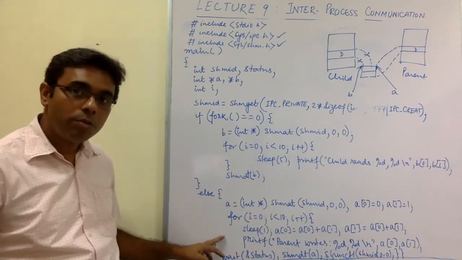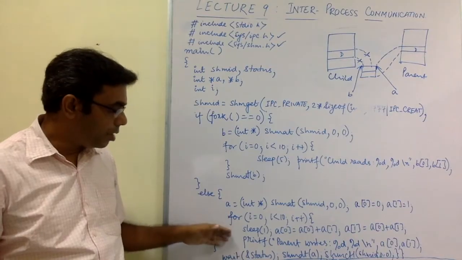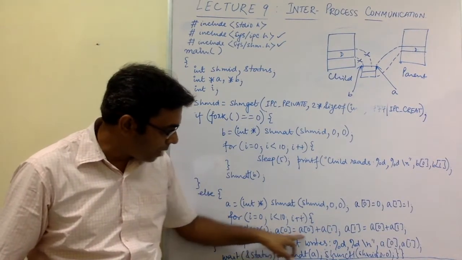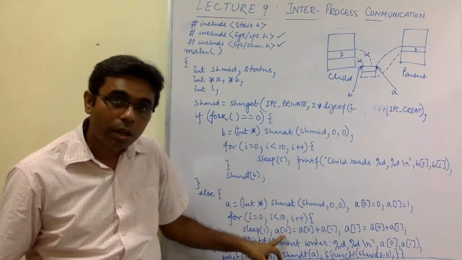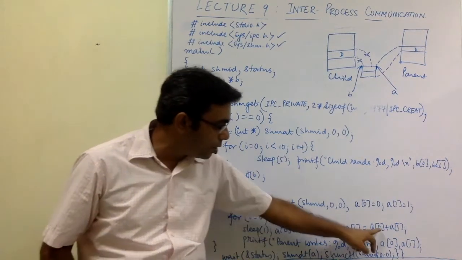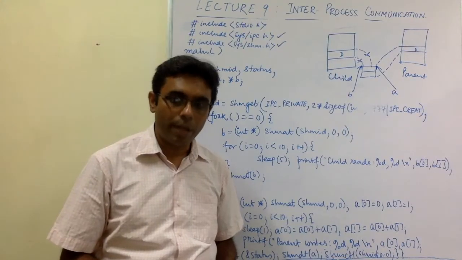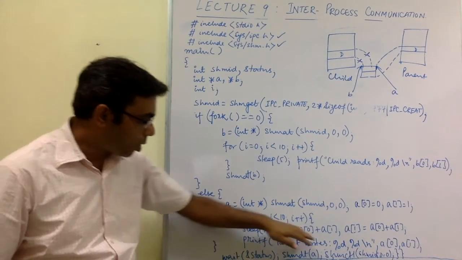And as I told you, the parent is the writer process. So it writes, and what it writes is it updates A0 by the initialized values of A0 and A1. That's what A0 is updated with, and A1 is updated with the updated value of A0 and A1. So you have two new values of A0 and A1 within the loop. That's what you go on doing.